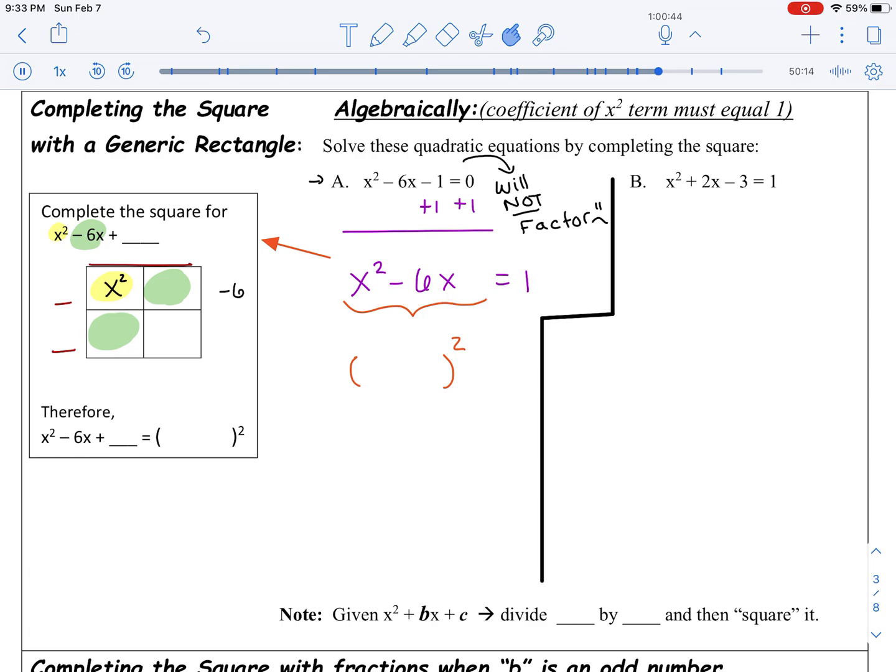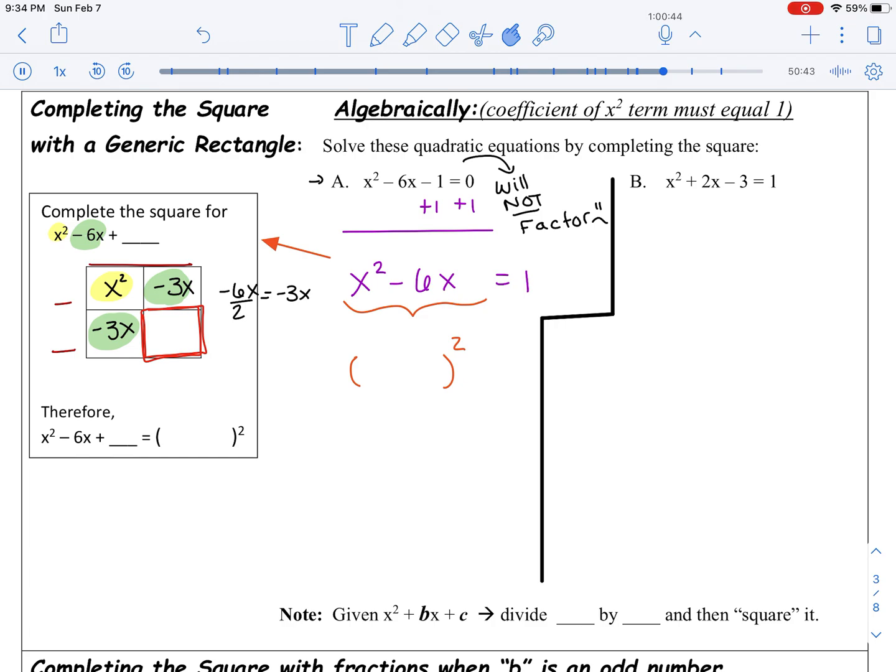So negative 6x divided by 2 equals negative 3x. I'm going to put negative 3x in both the top right and the bottom left box. Now I don't know the value that goes into the bottom right box, the constant number that needs to be added.